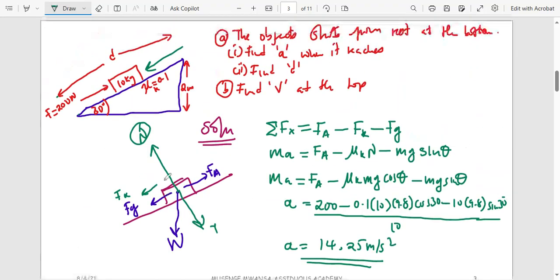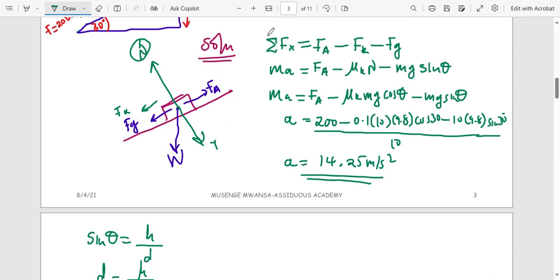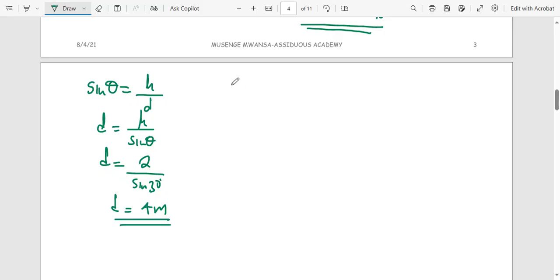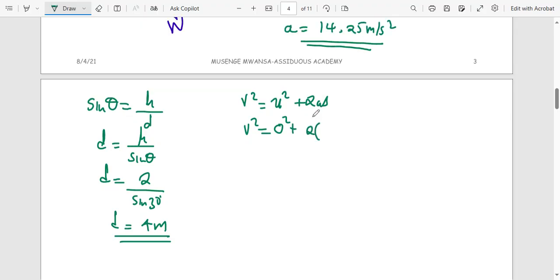And then the next question is saying find v at the top. Remember, the object started from rest. We want to find the velocity at the top. So you can simply say v squared is equal to u squared plus 2as. V squared, this object started from rest, so that would be 0 squared plus 2 times the acceleration we've determined, 14.25, times the distance covered on the incline, that is 4 meters.